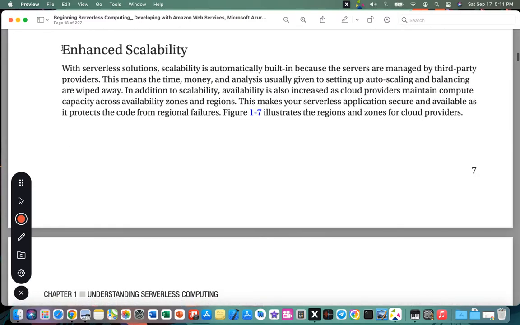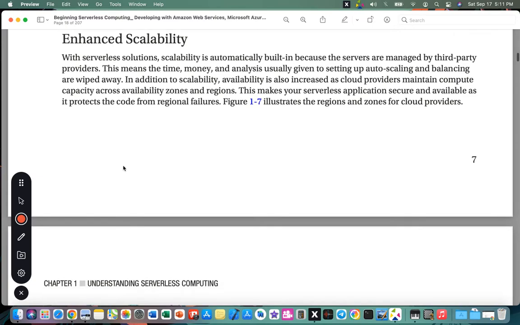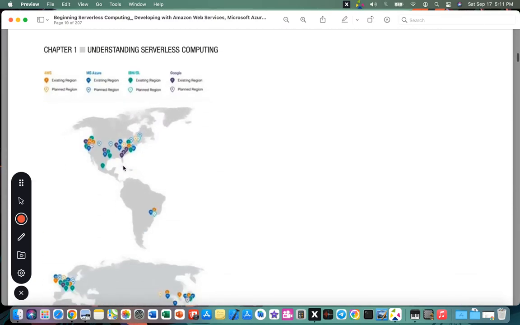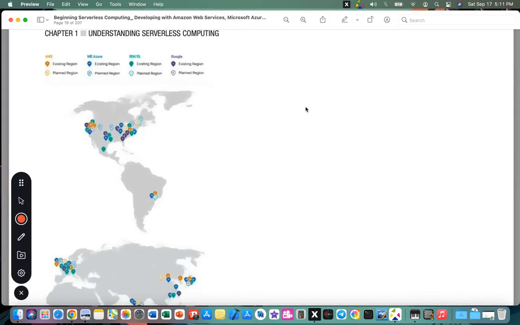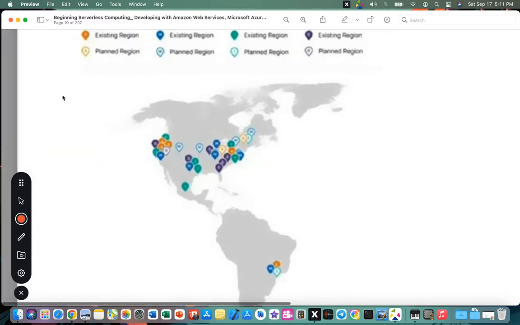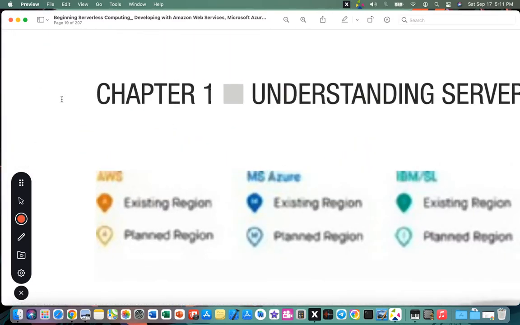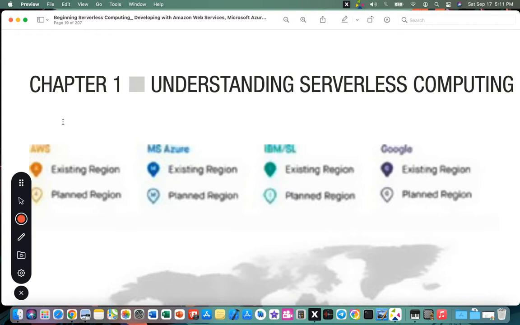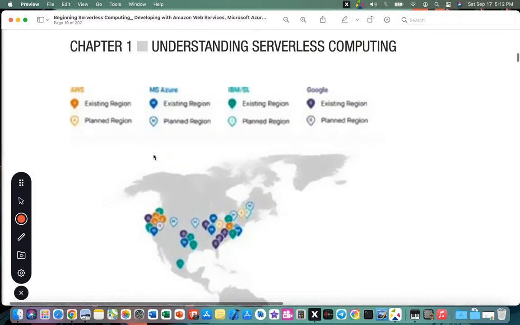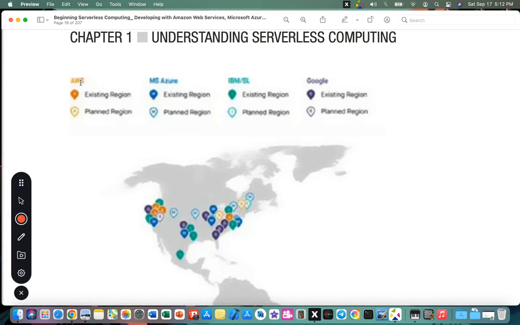Enhanced scalability. Scalability means expansion, right? Understanding serverless computing, you see how it's globally used. Let's zoom in a little bit. By color, this is AWS, Amazon Web Services.